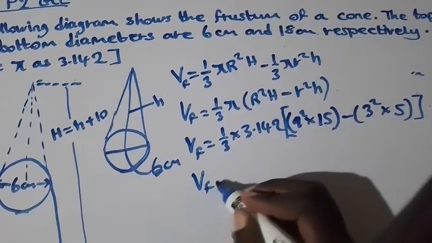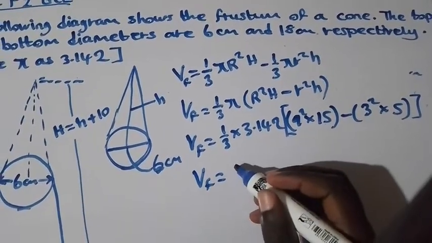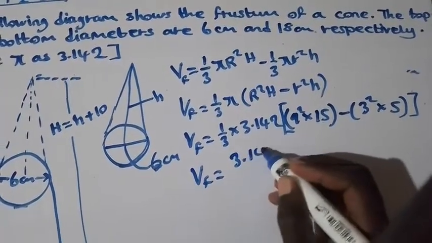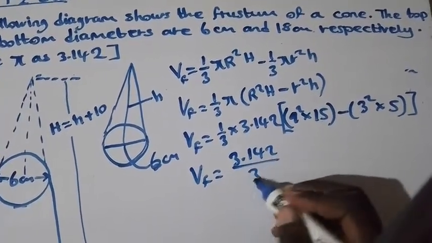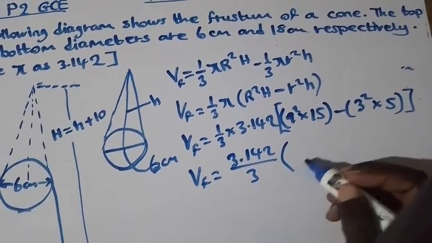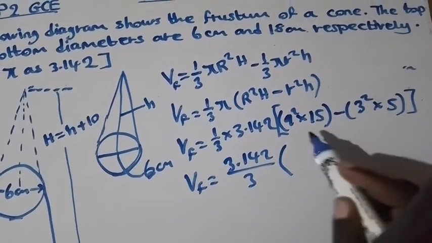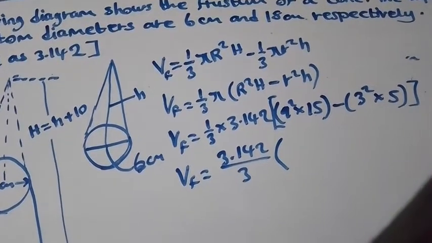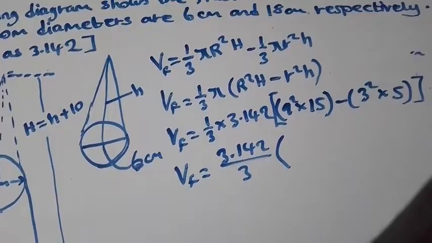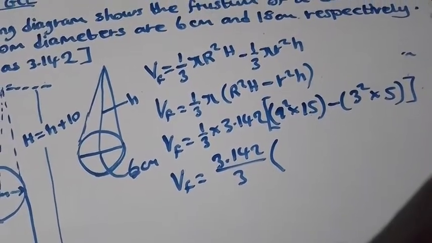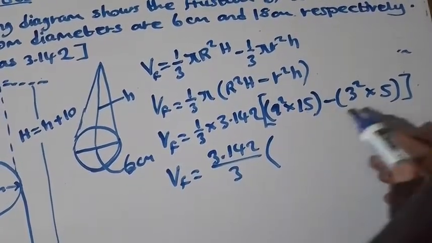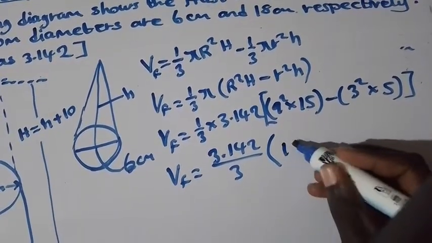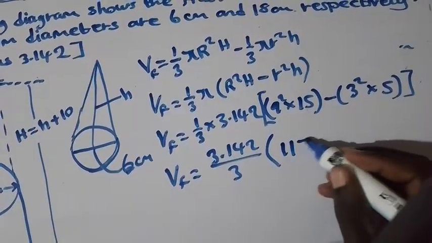So the volume equals 3.142 over 3. At this stage you have to punch everything on your calculator to save time. If we punch what is inside the square brackets, we are getting 1170.